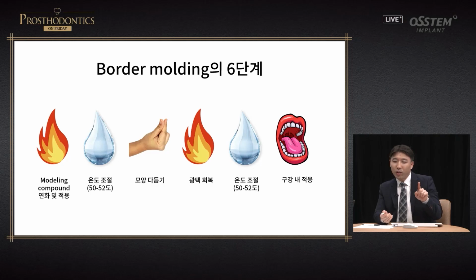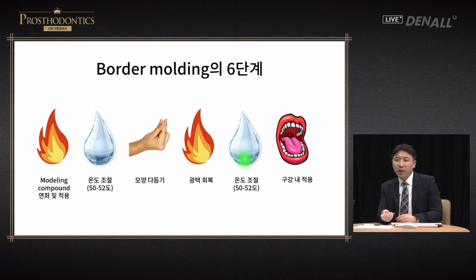When you use heat, you can restore gloss, and once it is adapted, you can check visually whether border molding has been done nicely. In the area where border molding is done nicely, the gloss disappears once set in the oral cavity. Therefore, restoring gloss before you put it in the patient's mouth is very important.